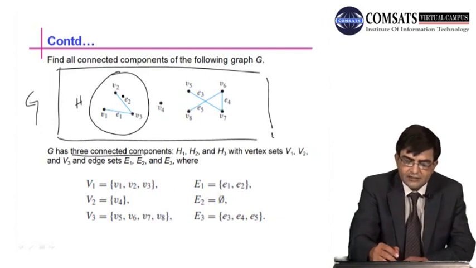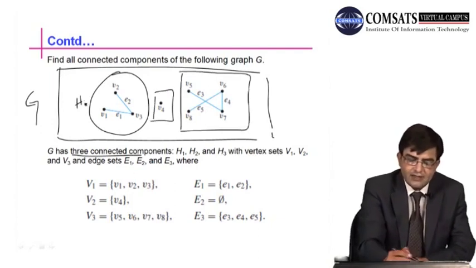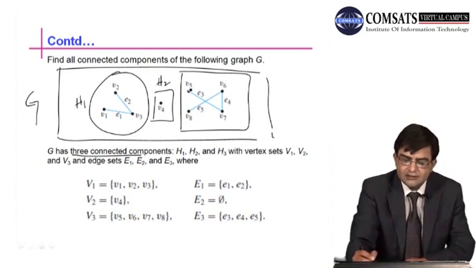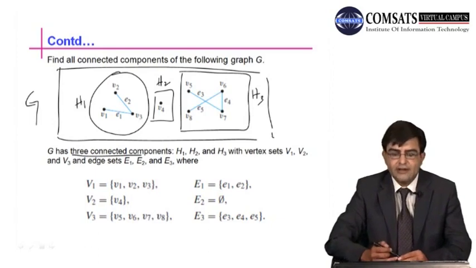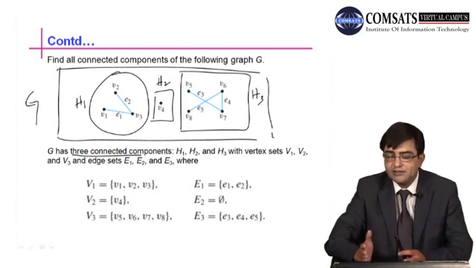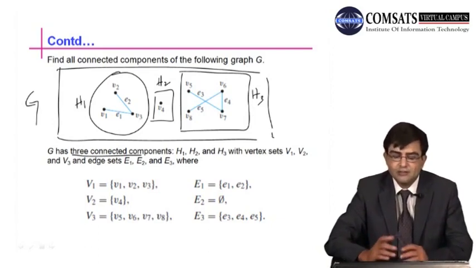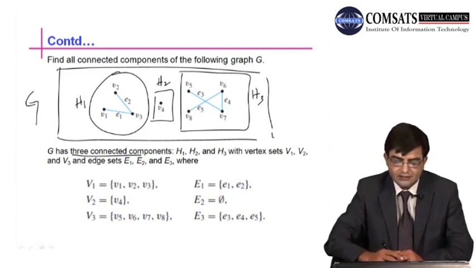For example, one is this, second is this, and third is this. If we say this is H1, this is H2, and this is H3. All these subgraphs are connected. They are subgraphs of G, and there is no other connected subgraph of G which contains H and contains more vertices and edges which are not in H1, H2 or H3.